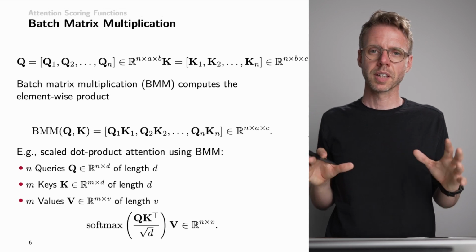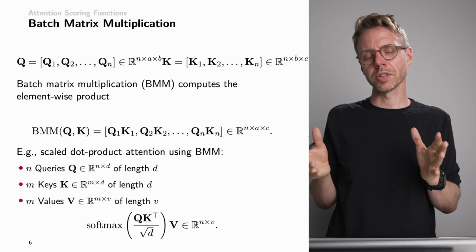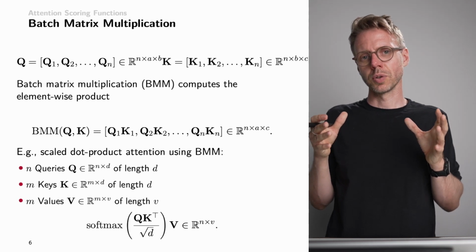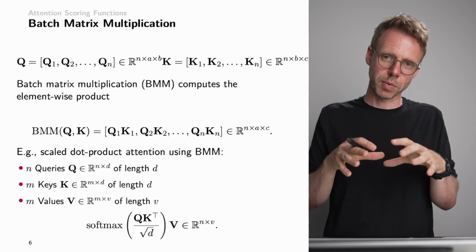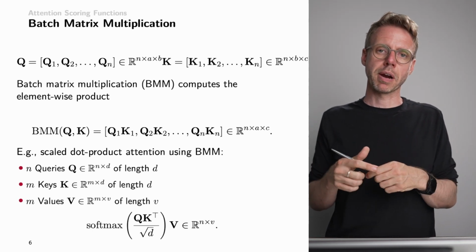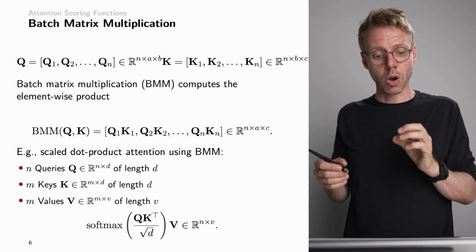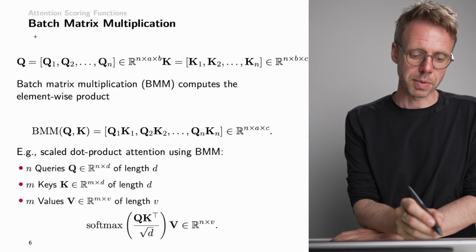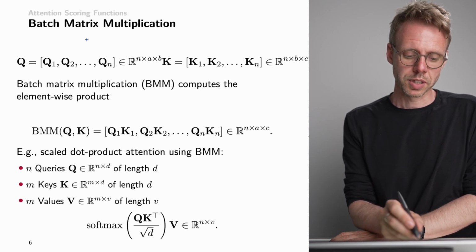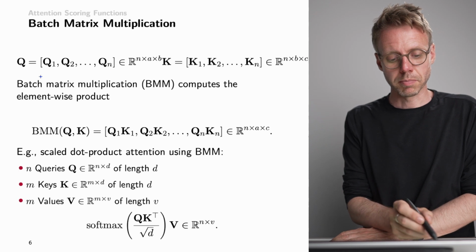So in deep learning, we also want to achieve that we can always compute these operations using tensor multiplies by batching computations together and parallelizing them on a GPU. So how can we do that for our dot product attention? Well, we want to be able to compute the attention score between many queries.